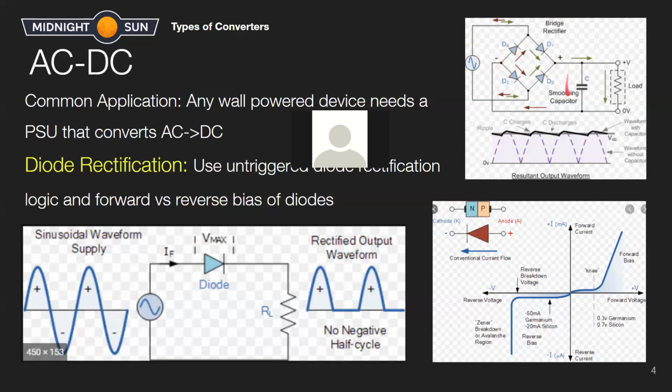So with the addition of the capacitor and the fact that we're chopping off the negative sine waves of our input source, we get a resulting ripple. And you'll hear this word ripple a lot in anything that has a DC conversion, that it almost resembles a DC voltage reference.